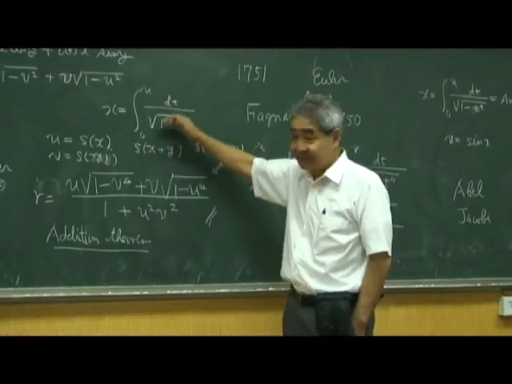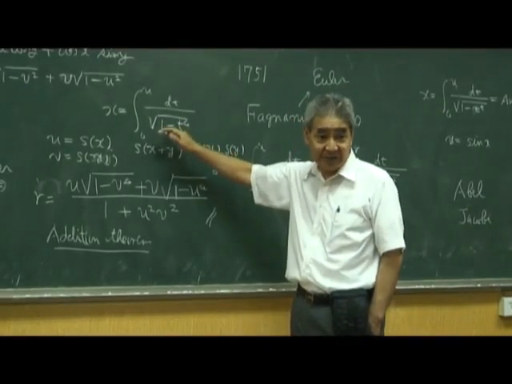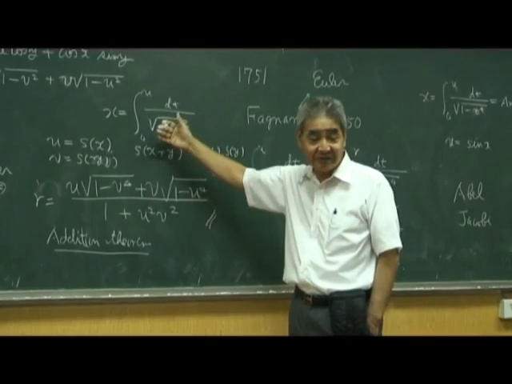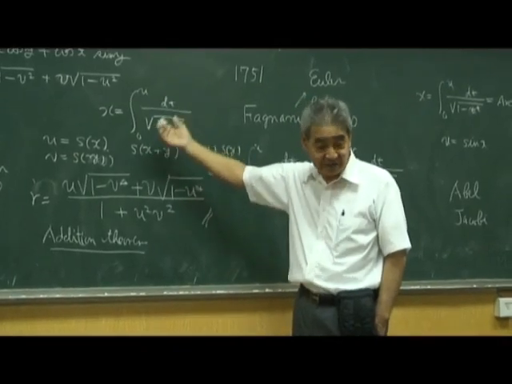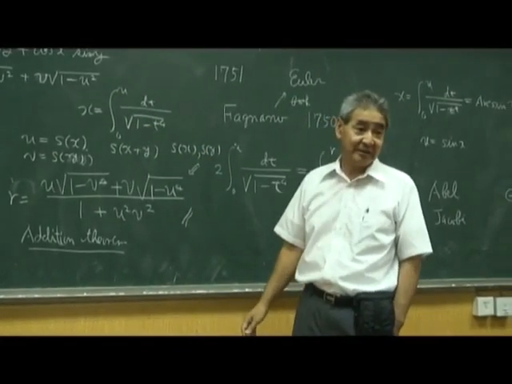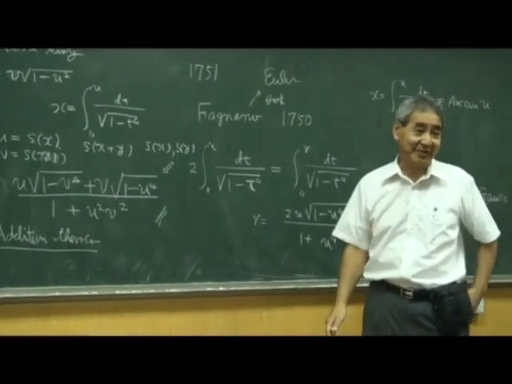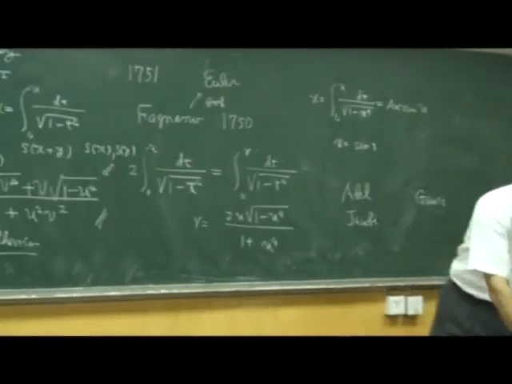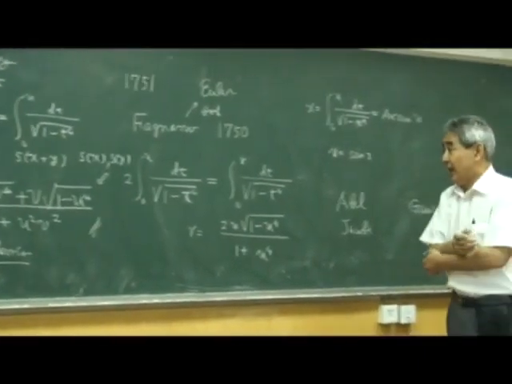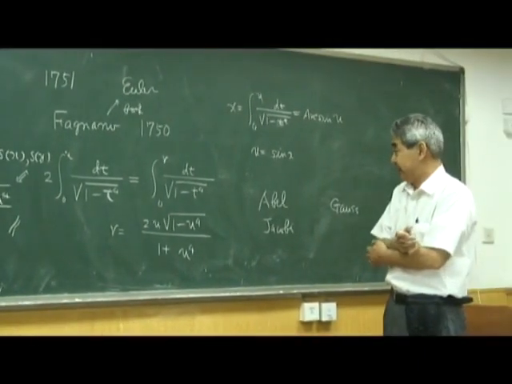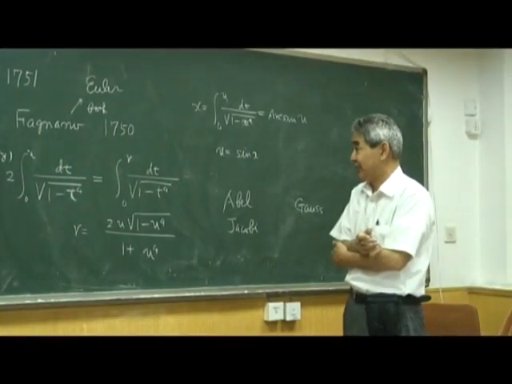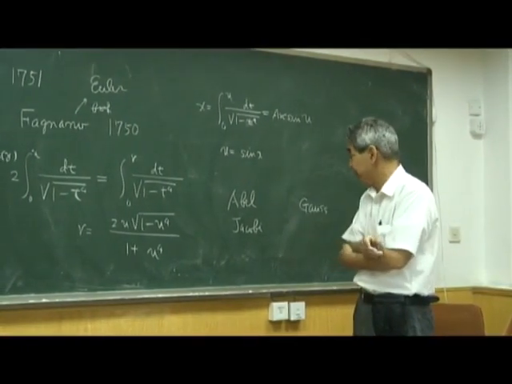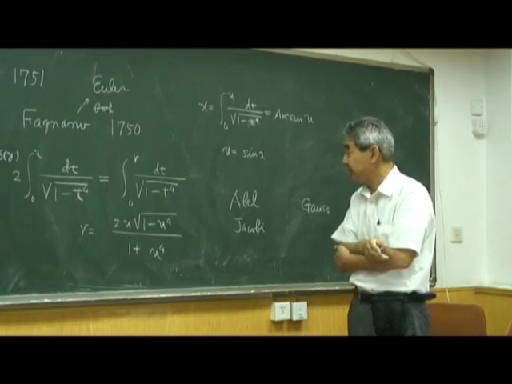But to develop this theory, it's better to extend it to the complex domain. But how? That's not easy. And before Abel really tried to understand this inverse function, Gauss already did it.